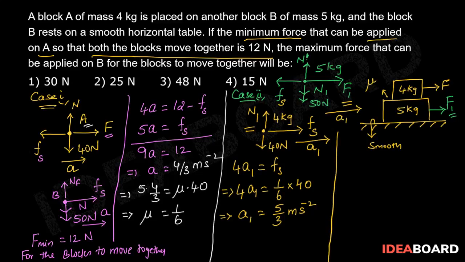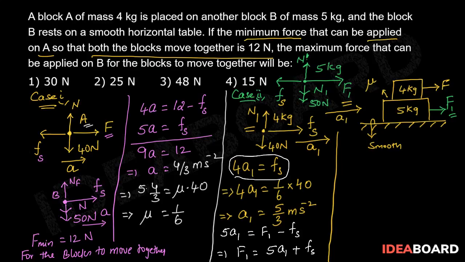Now from the FBD of the 5 kg, we can write 5a1 = F1 - Fs. This implies F1 = 5a1 + Fs, and from this equation Fs is equal to 4a1, so we can write F1 = 9a1, and substituting the value of a1 we get F1 = 9 times 5/3.